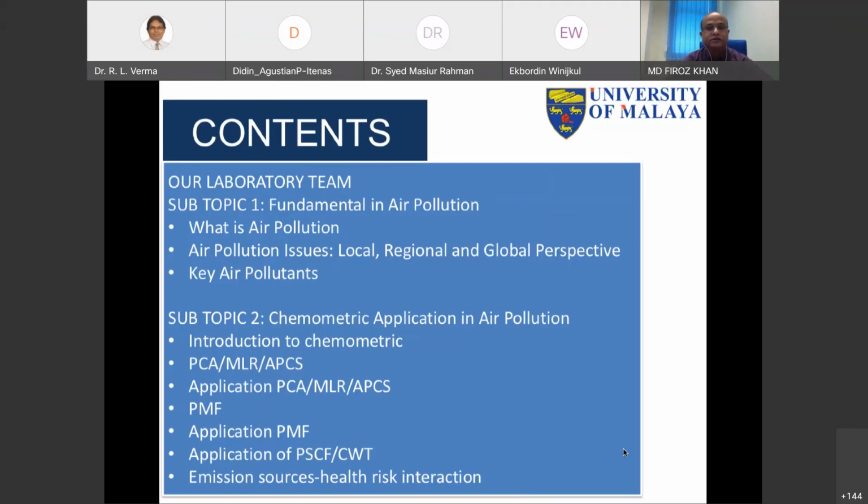And in the last slide, I will explain how the sources identified from our experimental data can be integrated with health risk modeling. So this is how my discussion will move on.